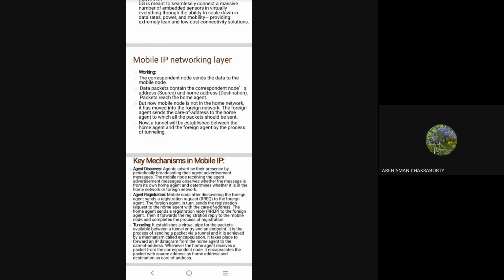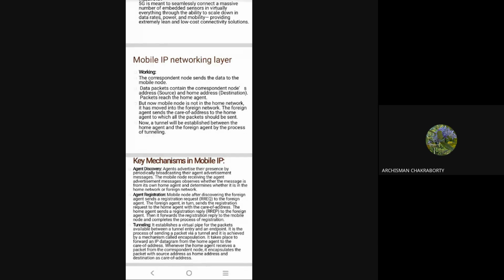When you travel from your home network to a foreign network, the foreign agent immediately sends an address known as the address for correspondence, the care of address, COA, to the home agent, saying that if any data comes for this node, please send it to me, because that mobile node is now available within my network.